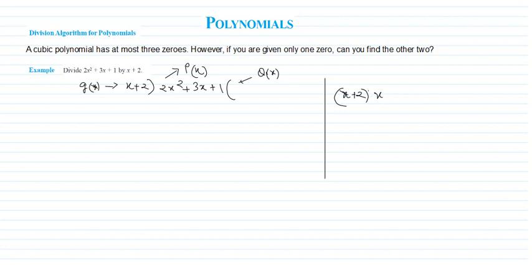So these terms will get eliminated, and here we will have minus x, and this plus 1 will come down.